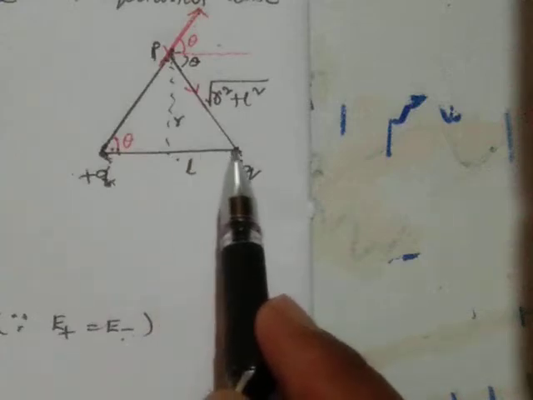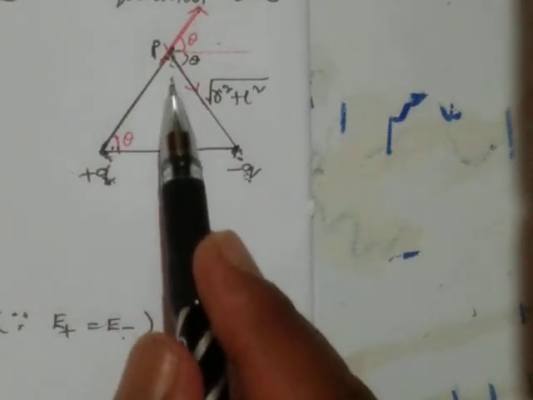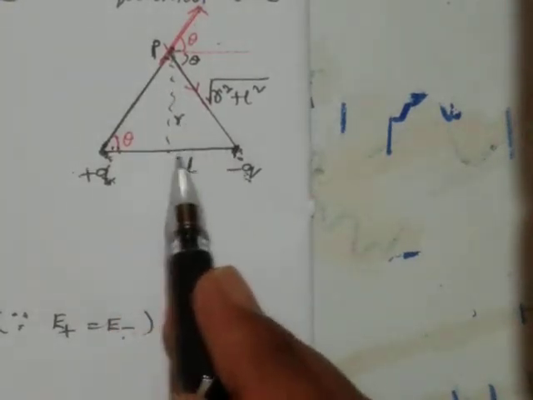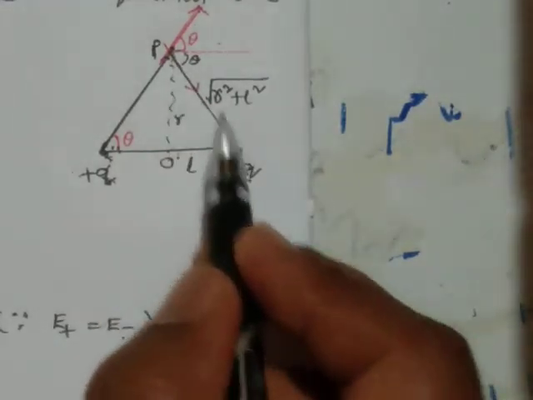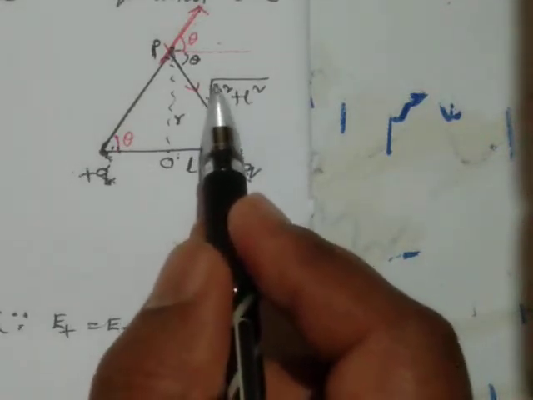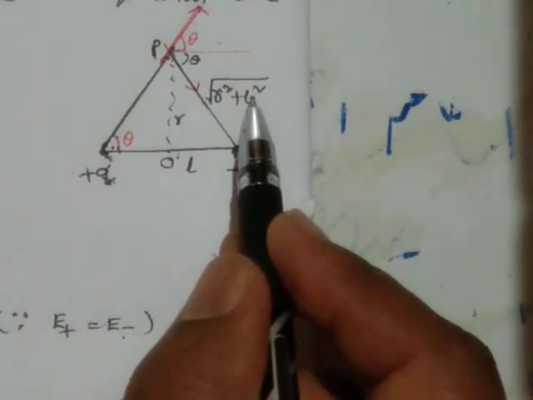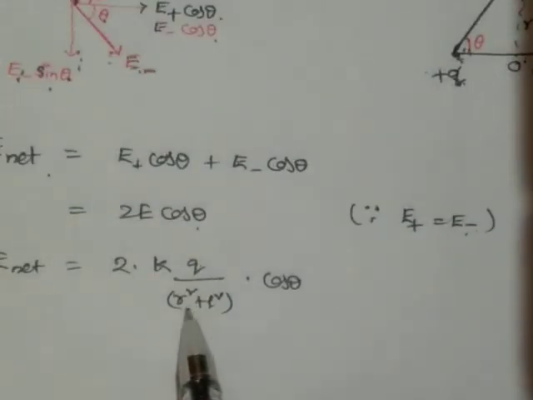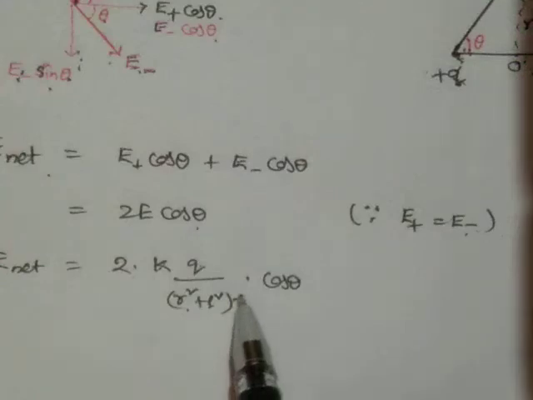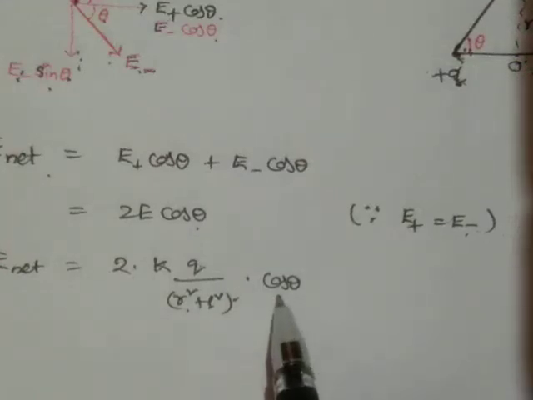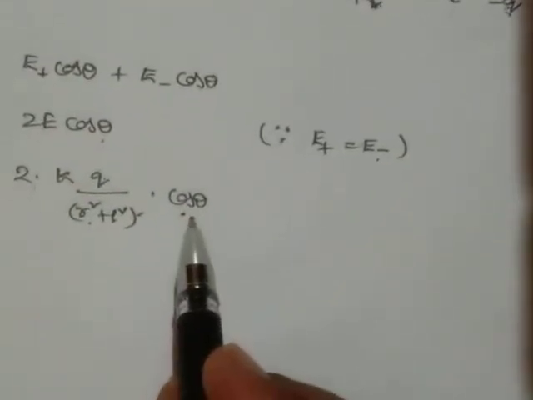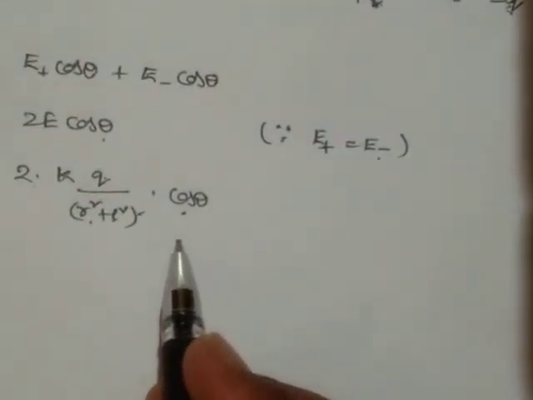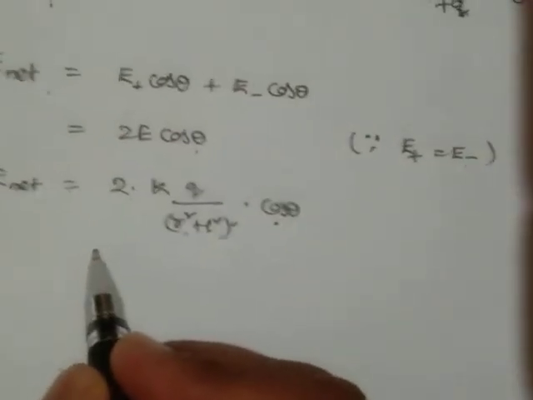Since L is half of the length of the dipole, and the point P is at a distance of R from the center of the dipole, by Pythagoras theorem this is nothing but the hypotenuse of the right angle triangle. So this is R square plus L square. So here it is already KQ by r square, the square root gets cancelled, so I am writing cos theta. From the triangle here, we can say cos theta is L by root over R square plus L square.